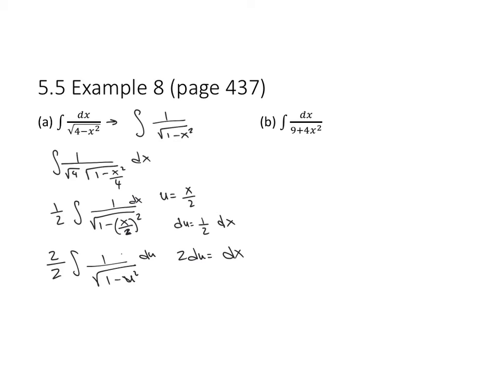And now I have arcsine. So that's going to be arcsine of u plus c, which I can write as sine to the negative 1. And instead of u, it's x over 2 plus c.